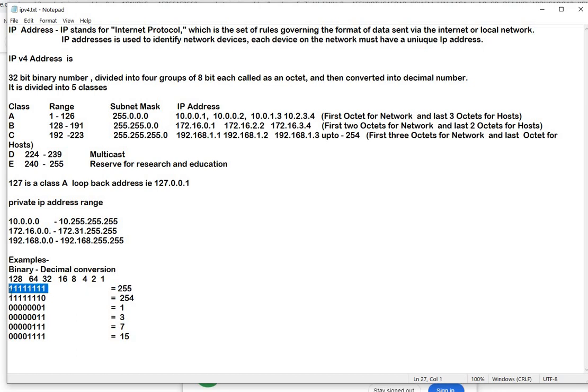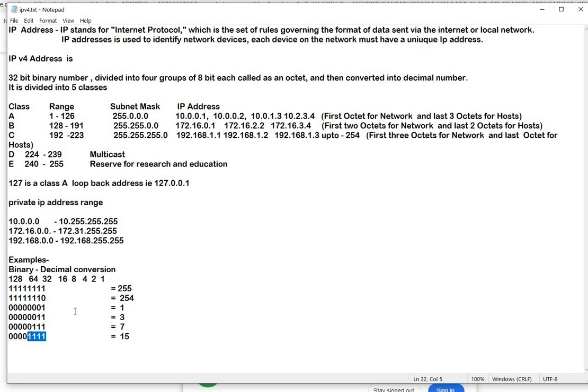If we make all 8 bits ones, the place value for the rightmost one is 1 and the leftmost one is 128. If we make all bits ones, the decimal comes to 255. If we make the rightmost bit 0, it becomes 254. Similarly, with 3 ones, 1, 2, 4, it becomes 7.